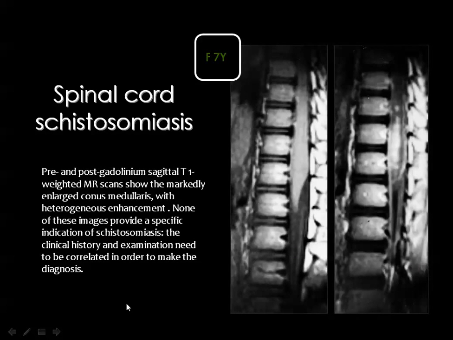Then by MRI you can see the classic appearance of schistosomiasis or bilharziosis of the conus medullaris. The conus will be swollen. In the T1 weighted image, it may not show any signal abnormalities, but in the T2 weighted image, you will appreciate that there is some parenchymal increased signal.